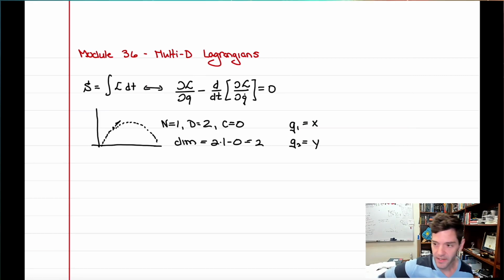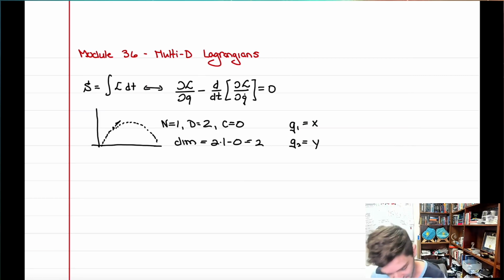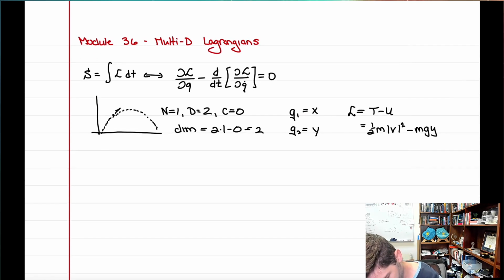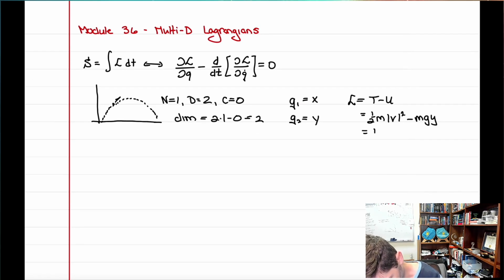Give me x and y and their derivatives, and I can write down the entire Lagrangian for this system. In this case, L is T minus U. It's going to be 1/2 m v squared minus mgy. And the v squared in this case is just x dot squared plus y dot squared, minus mgy.